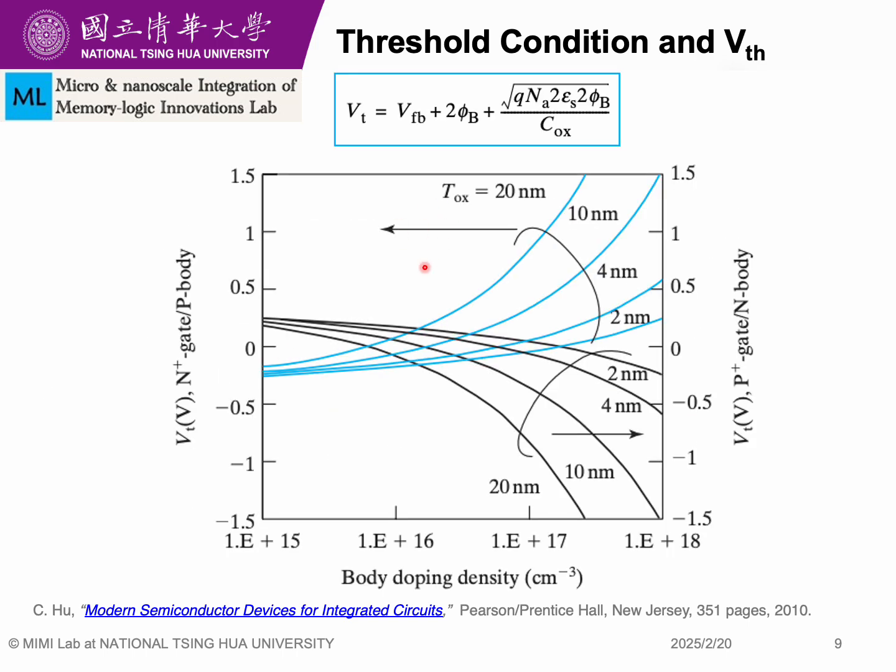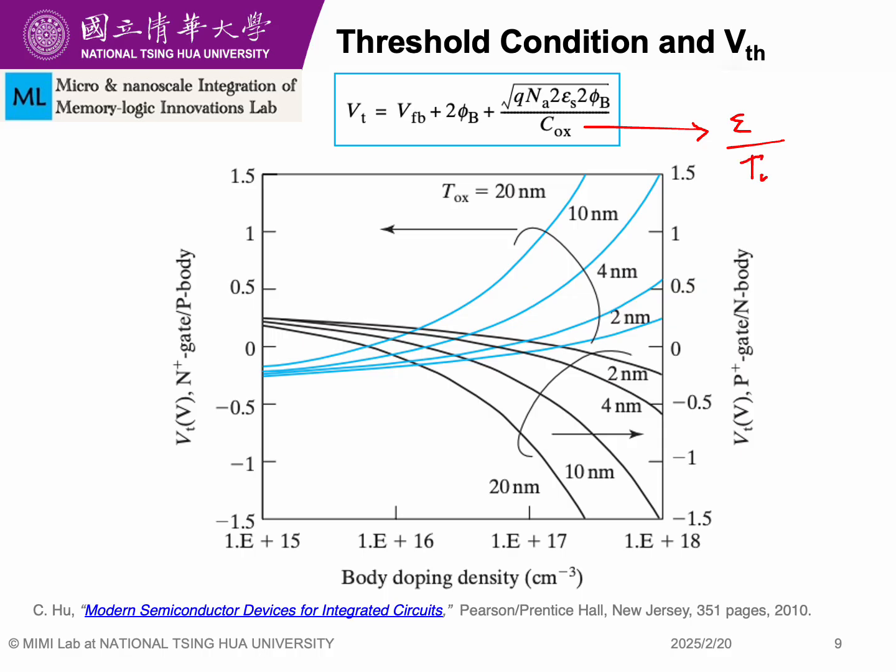Now this figure shows the dependency of Vt on the TOX. So how does it affect TOX? From the COX, what is the value of COX? It is epsilon by TOX.